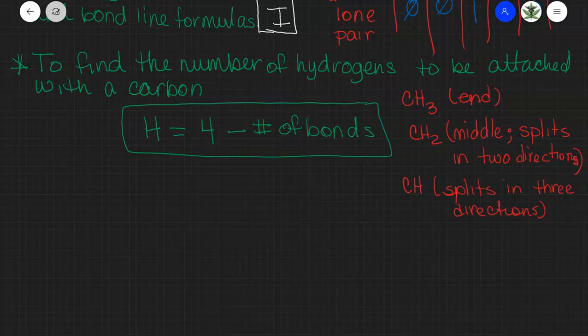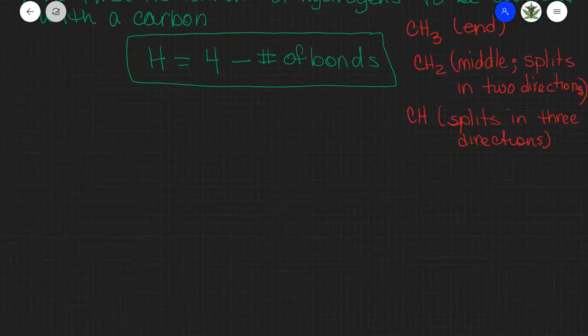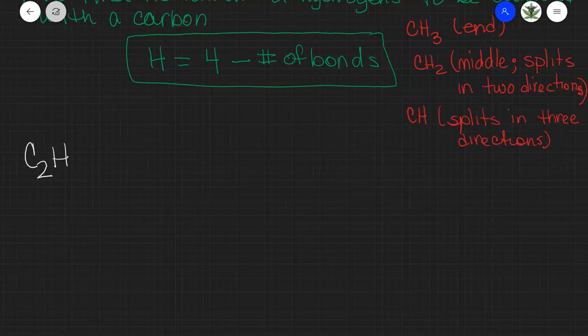So let us now start looking at a few examples. Here I have the first example, C2H6. This is a molecular formula where it tells you the total number of atoms, the number of carbons, and the number of hydrogens. We should be able to draw the Lewis structure for this.